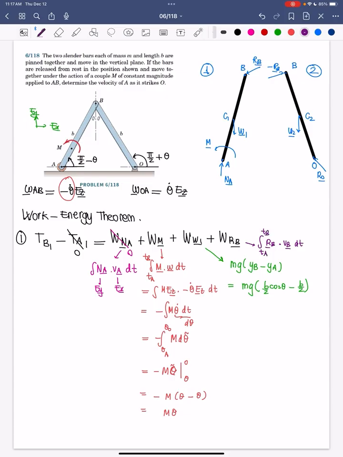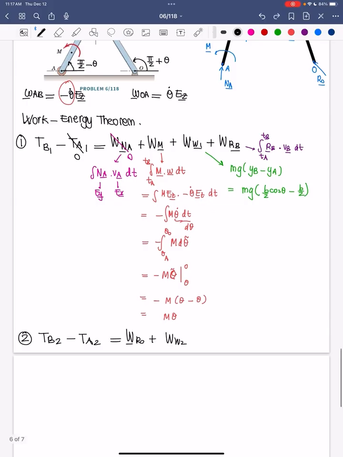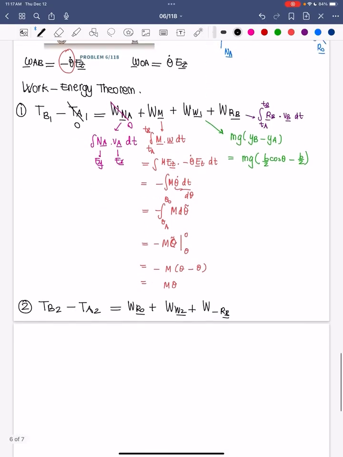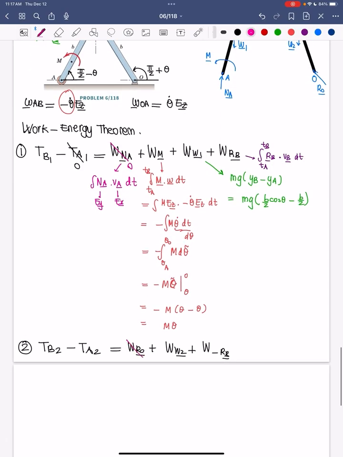Okay, very well. Now let's write the work energy theorem for the second bar. TB2 minus TA2 is equal to the work of the reaction force at O, plus the work of W2, plus the work of this minus RB force. The work of RO is 0 for the reason that VO is 0.